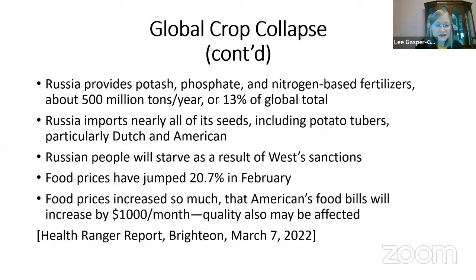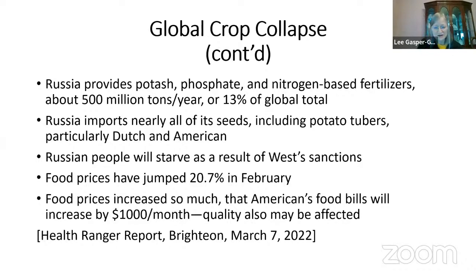So in particular, Russia provides potash, which is a source of potassium, phosphate, and nitrogen-based fertilizers, about 500 million tons per year, or about 13% of the global total. Russia imports nearly all of its seeds, including potato tubers, and particularly the seeds are coming from Dutch and American sources. The Russian people will starve as a result of the West's sanctions.